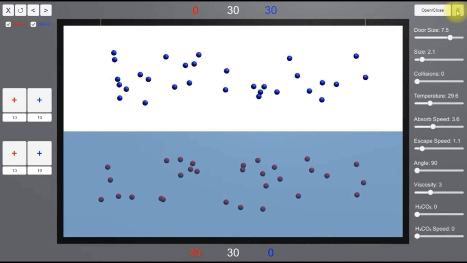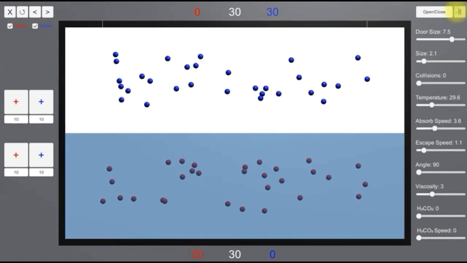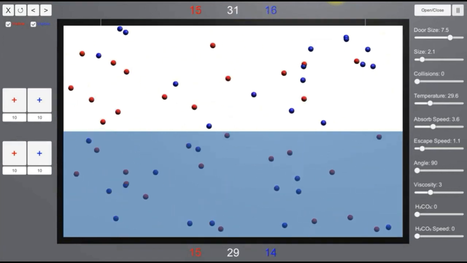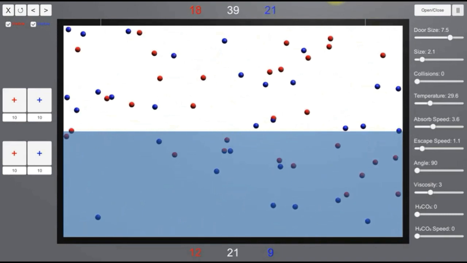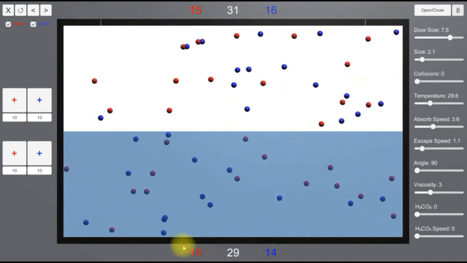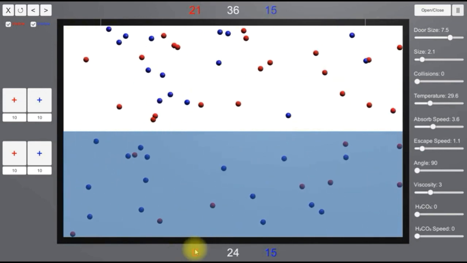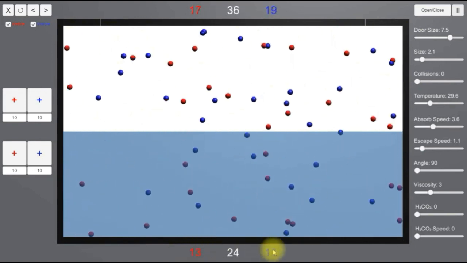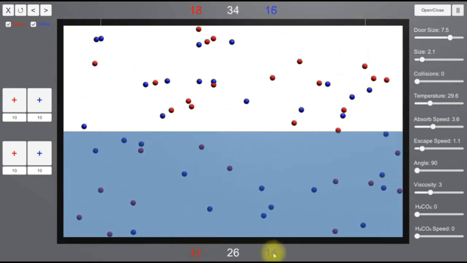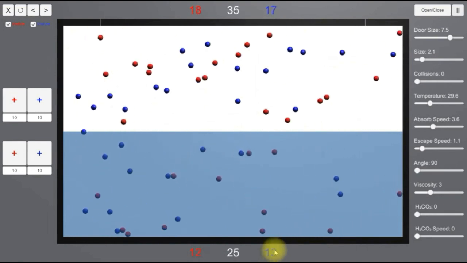And again, we have to wait for the simulation to begin. And as you can see now, the number of red molecules, the CO2 molecules, is dropping precipitously, and the number of blue molecules is growing, in fact, in the liquid.